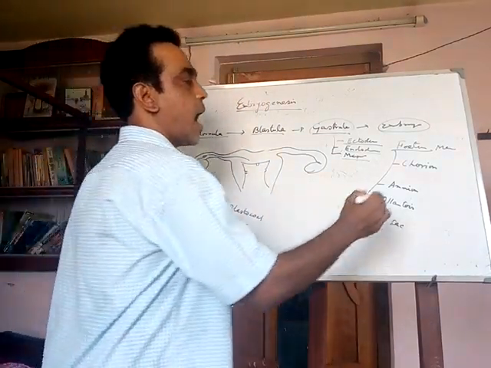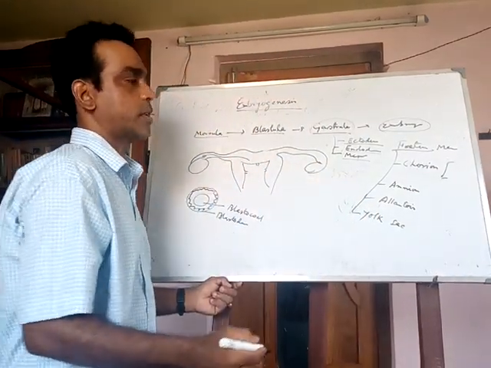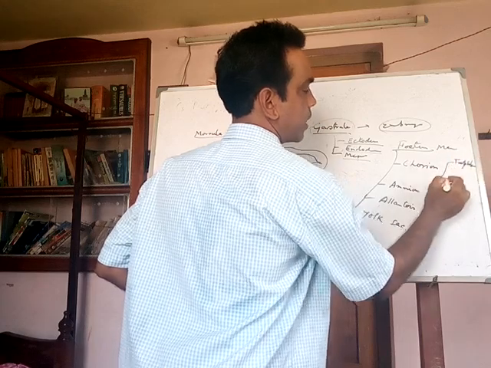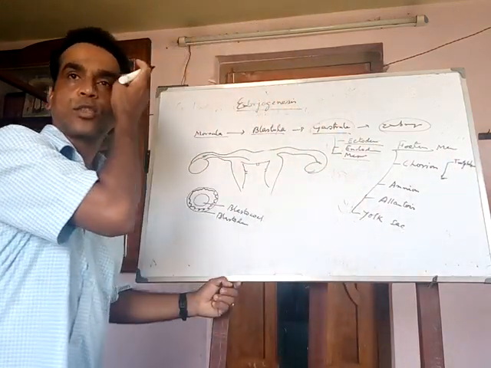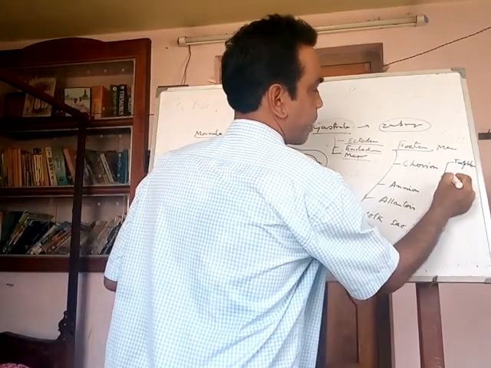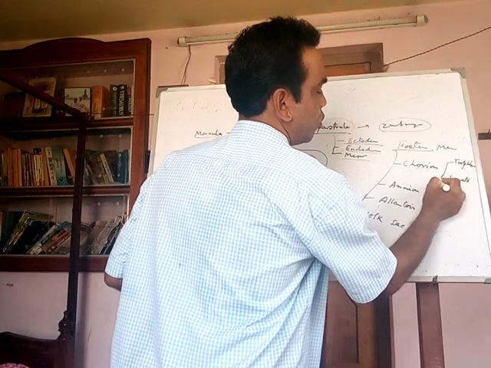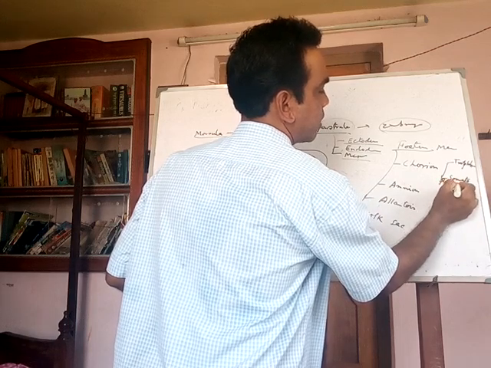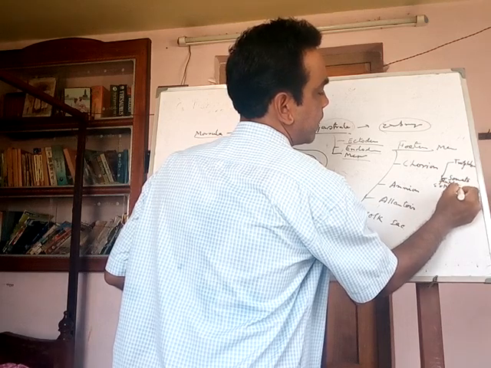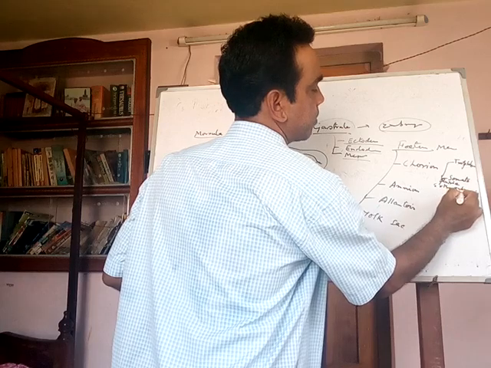Chorion: the upper layer of the chorion is called the trophoblast, and the lower layer is called the somatopleuric extra embryonic mesoderm.